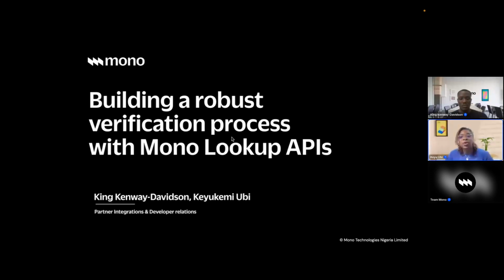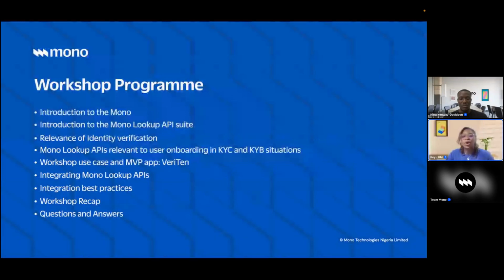So I'll get started by walking you through today's program. We'll start with an introduction to Mono. We'll tell you who Mono is, what Mono does, why we are here. We'll also walk you through an introduction to the Mono Lookup API suite. We'll tell you the relevance of the identity verification system, how Mono Lookup API is relevant to user onboarding in KYC and KYB situations.